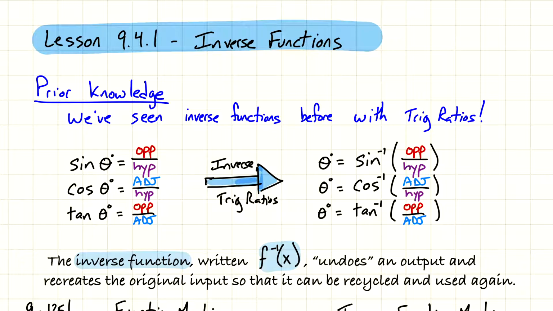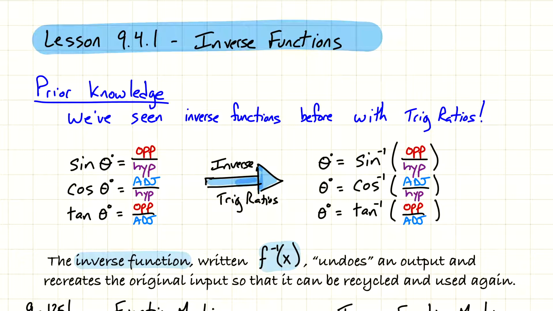The other is the actual notation. If you remember, they look almost the same, right? We would use the same name, tan for tangent, cosine, sine, except with the inverse trig ratios, we would have this little -1, kind of looks like an exponent, which is really an indicator of an inverse function.